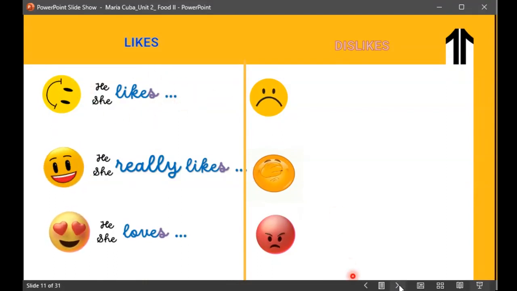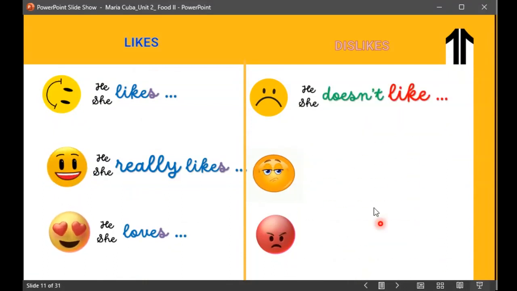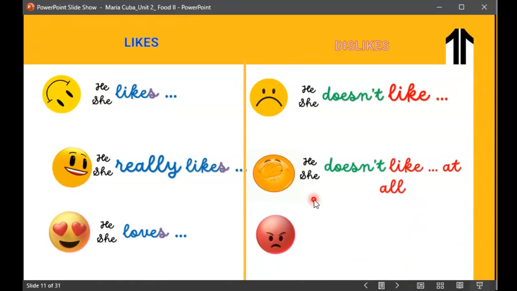That's right, yes. Very good, very good. Romina, he or she doesn't like. Perfect. Remember that when you use this auxiliary doesn't, you don't need to modify the verb. He or she doesn't like. That's right. Or you can say that he or she doesn't like something at all.